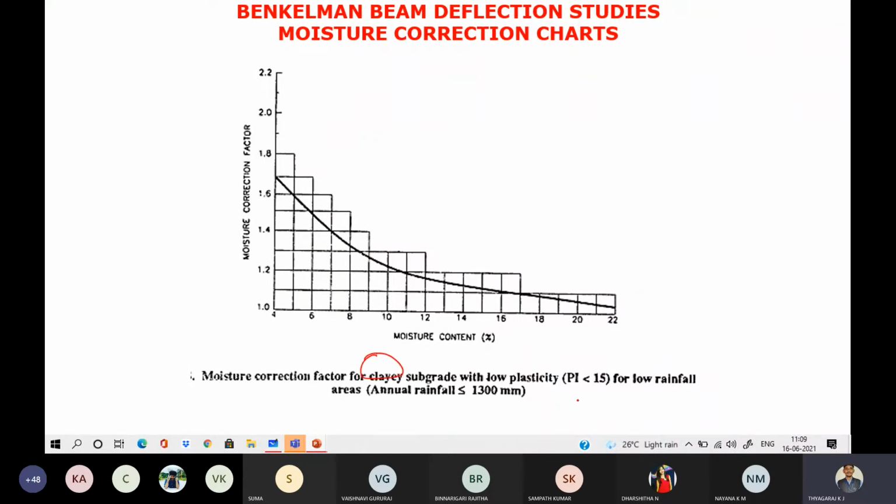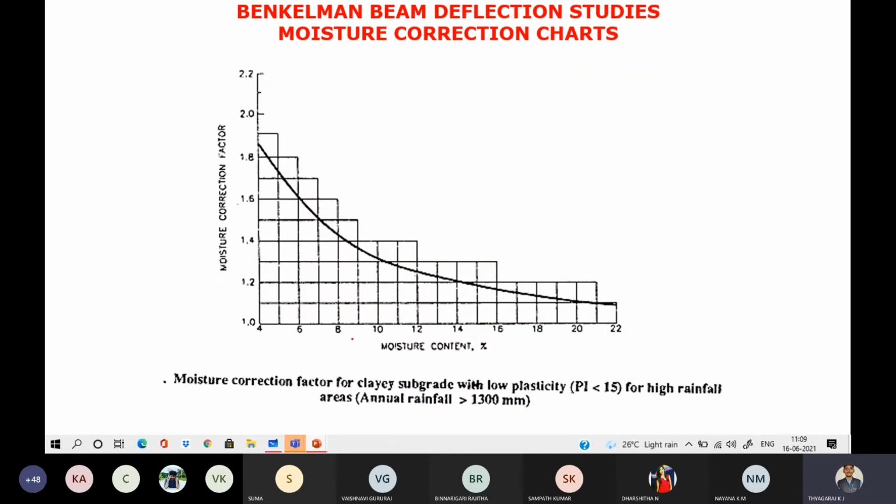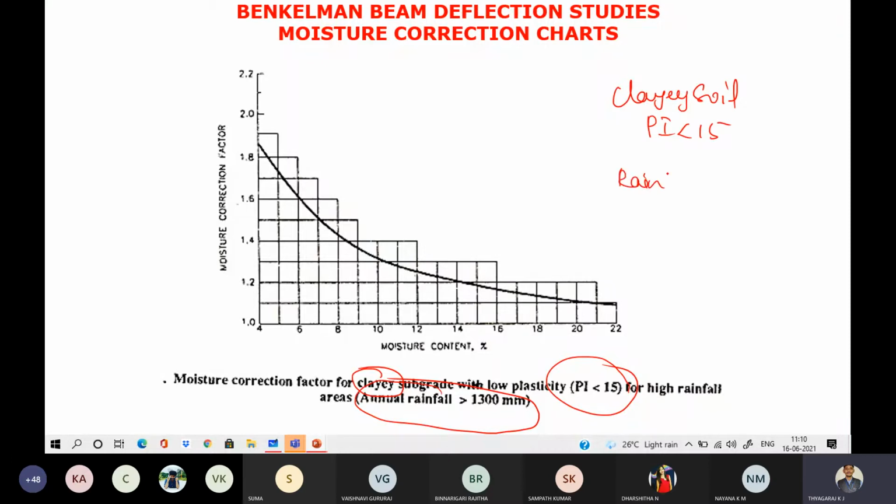You can observe clay soil, PI less than 15, annual rainfall greater than 1300. Rainfall is 1650, which is greater than 1300 mm. So we have to select this chart.